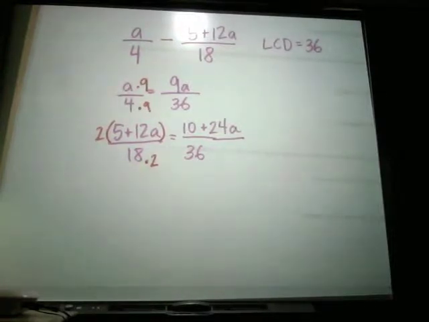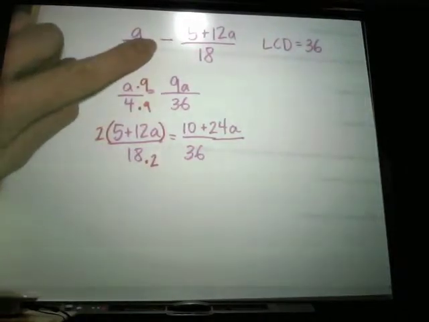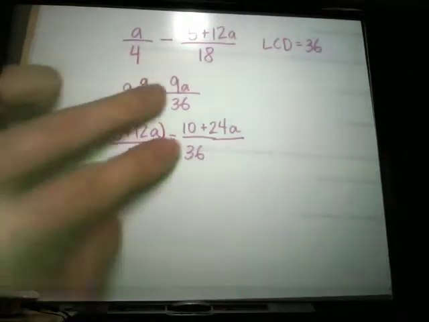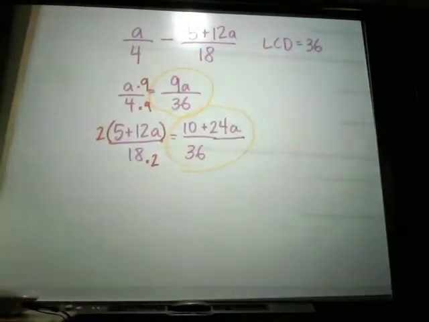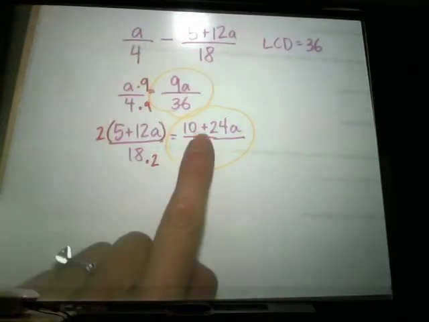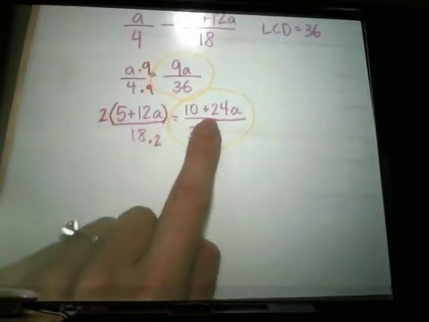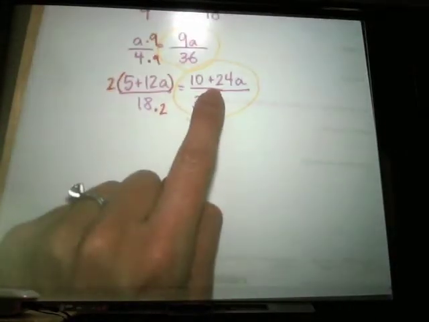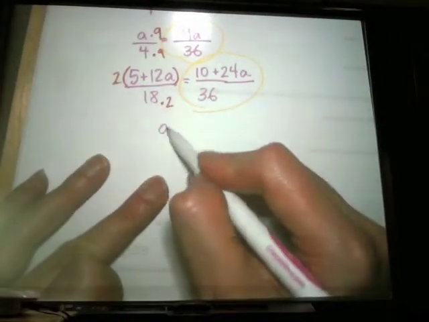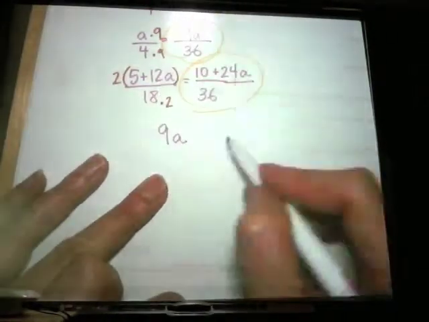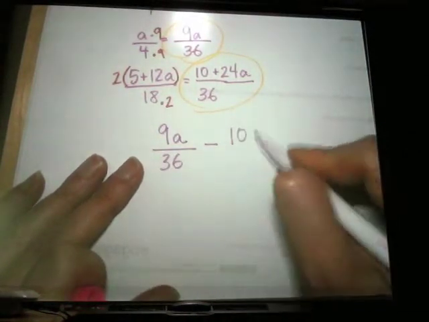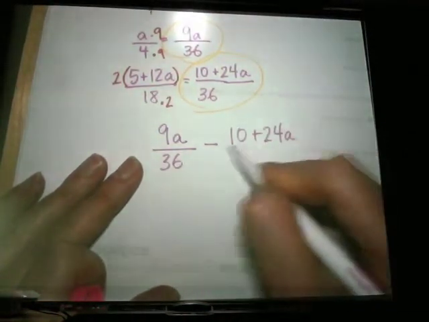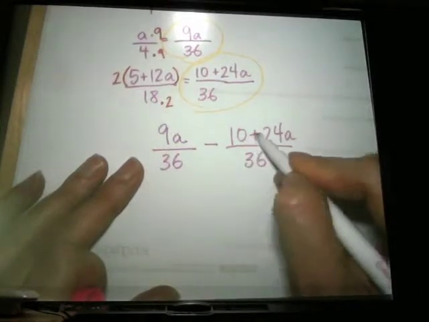Almost done, I promise. Now, because this is subtraction, I'm going to rewrite my new fractions, these 2, because remember, I need to subtract this whole thing. If you think you can do it without rewriting it, just be very careful that you don't miss the minus. 9a over 36 minus 10 plus 24a over 36.